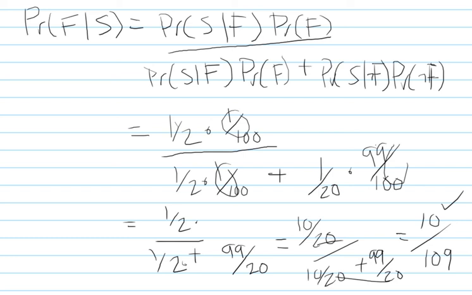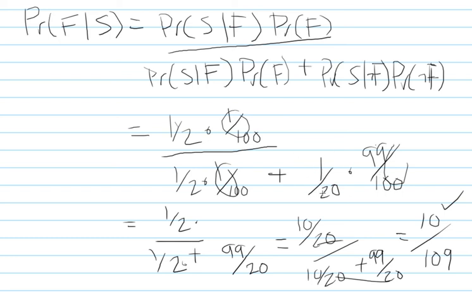And the interesting thing to connect this to what was discussed in the lecture about the base rate fallacy is that even though half the people, 50% of the people who have the flu show symptoms, it's actually not very likely that George has the flu if he shows the symptoms. And a big part of that is that it's so unlikely as a base rate that he has the flu. There's a huge chance that he doesn't have the flu as a base rate.